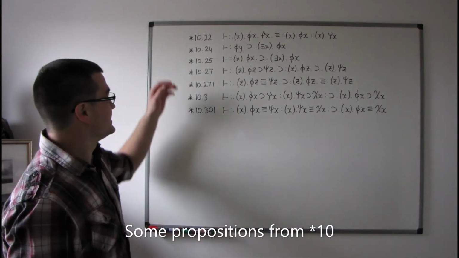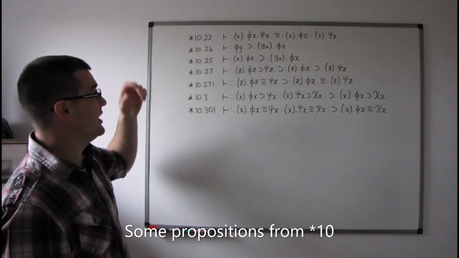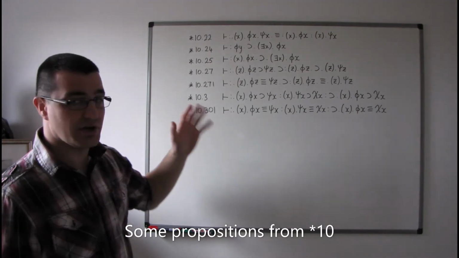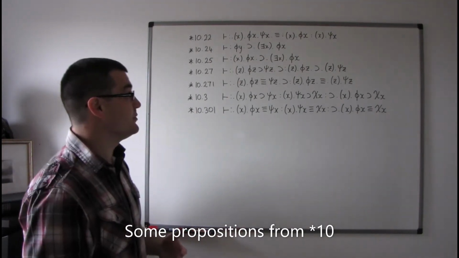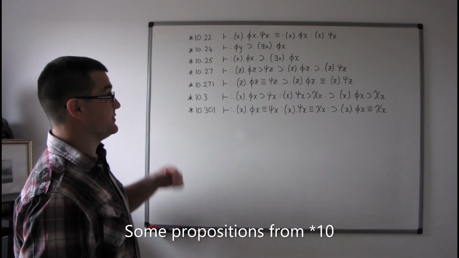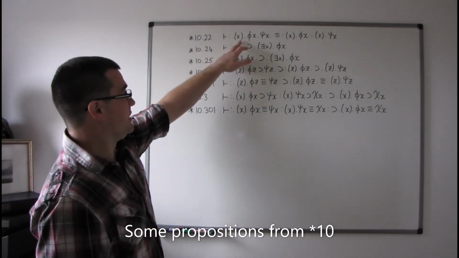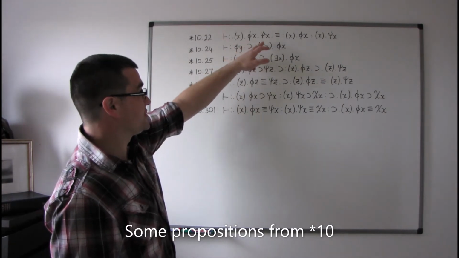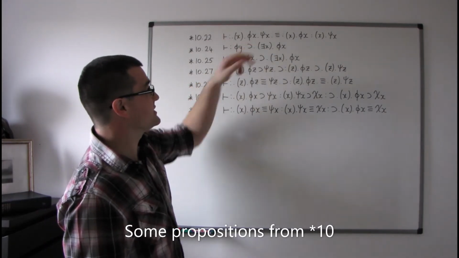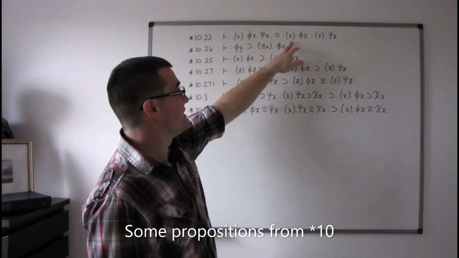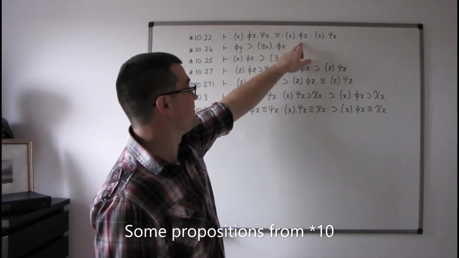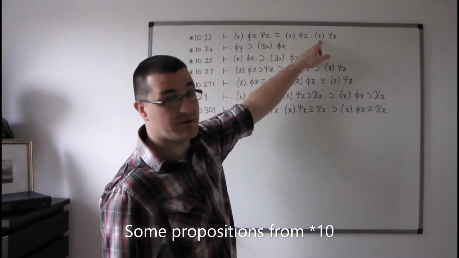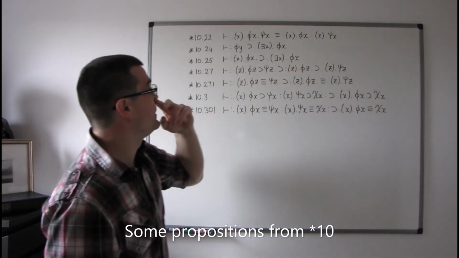So the first one is 10.22. I've included this one because it shows how the scope of an apparent variable can change. On the left hand side, the scope of this apparent variable is the logical product of phi x and psi x. On the right hand side, the scope of this apparent variable is just the phi x, and here the scope of this apparent variable is just the psi x.